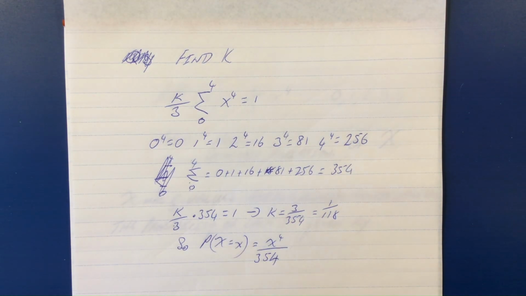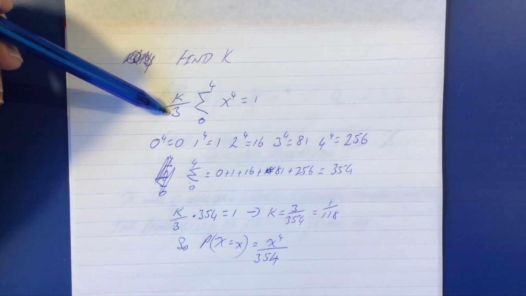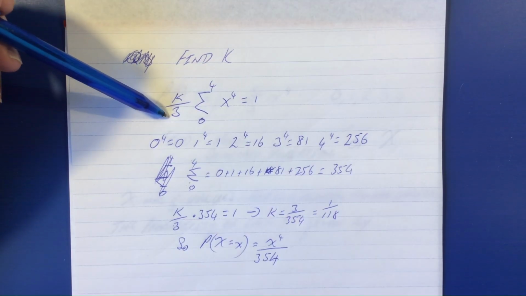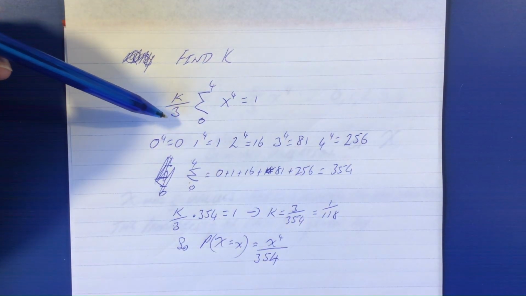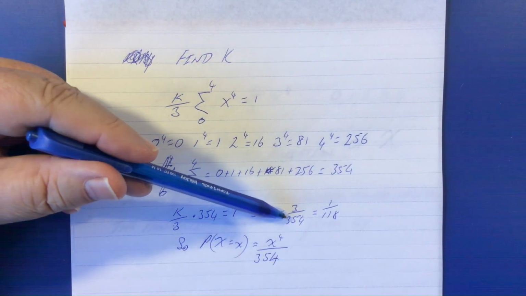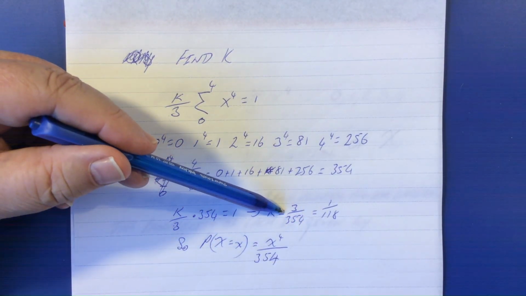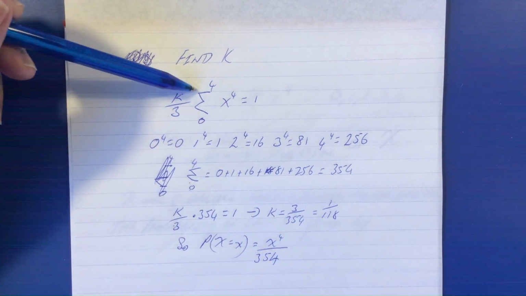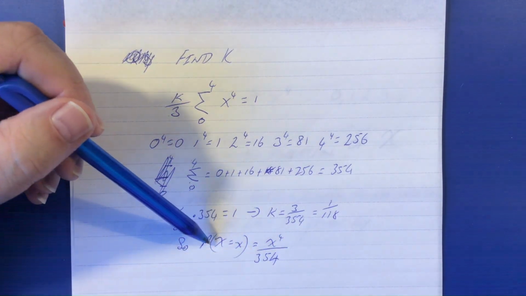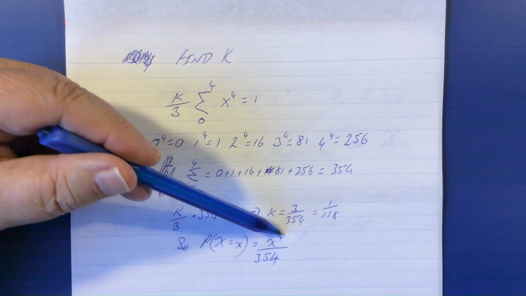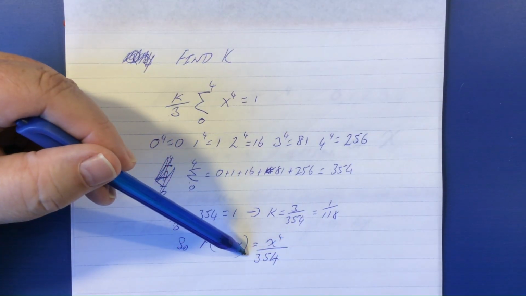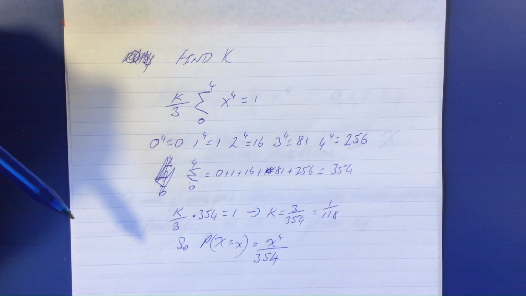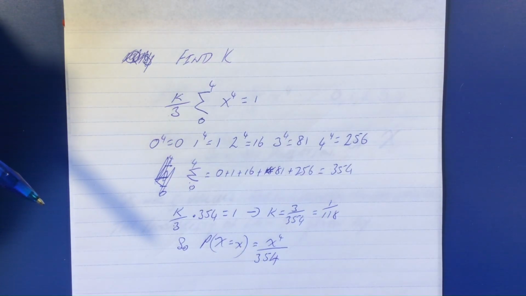However, you'll notice that here we have a denominator of 3. And so it's easier to leave the fraction in this form and simply eliminate the 3's. So we wind up with this as our probability function, if you will.